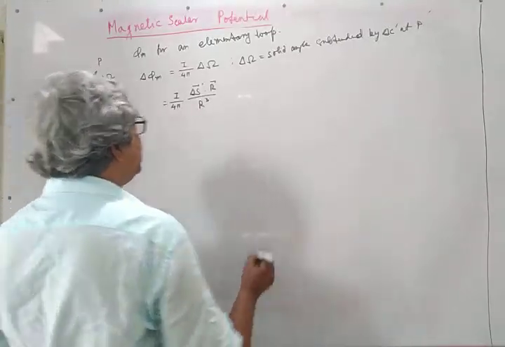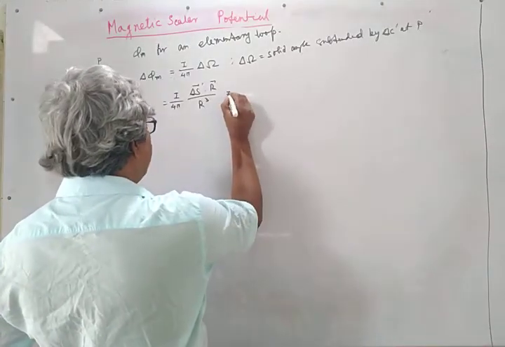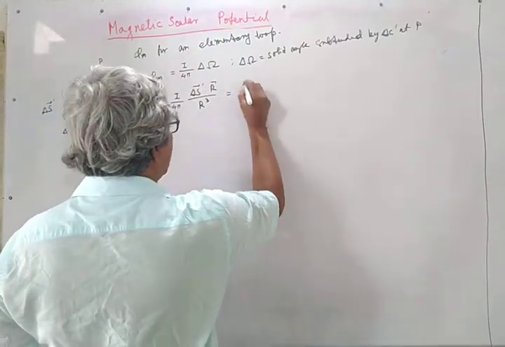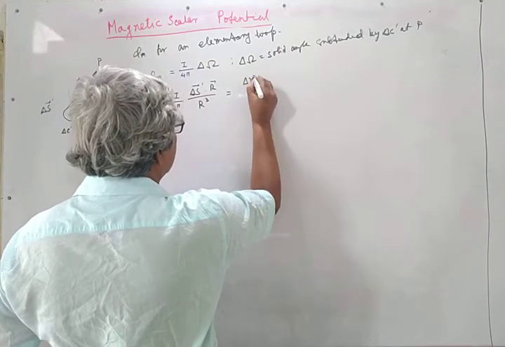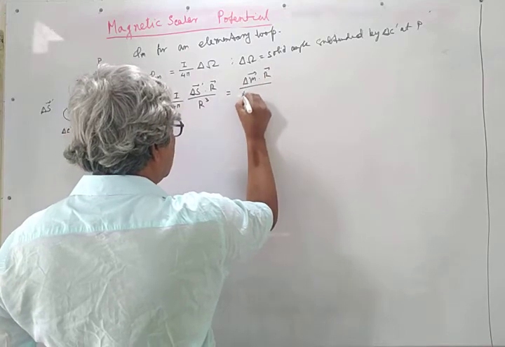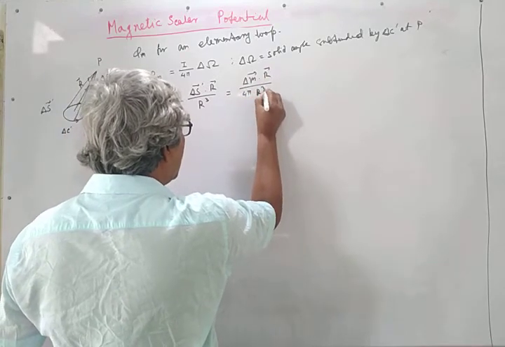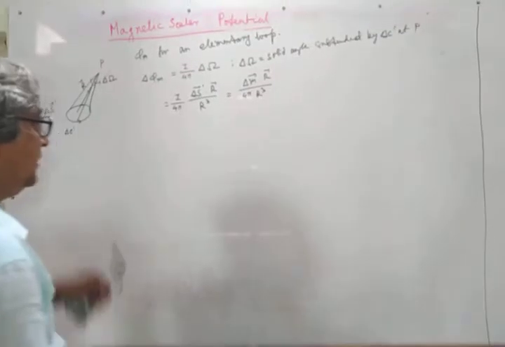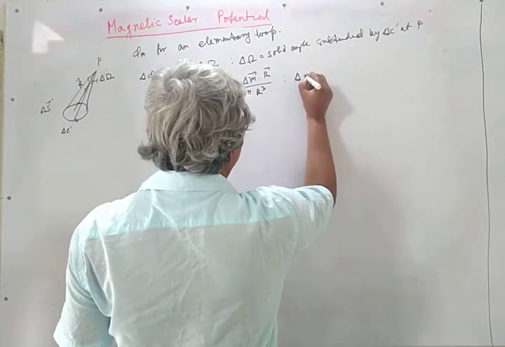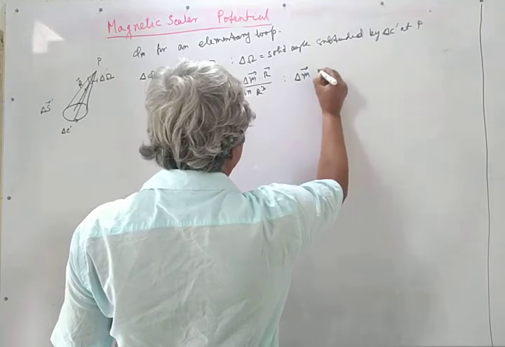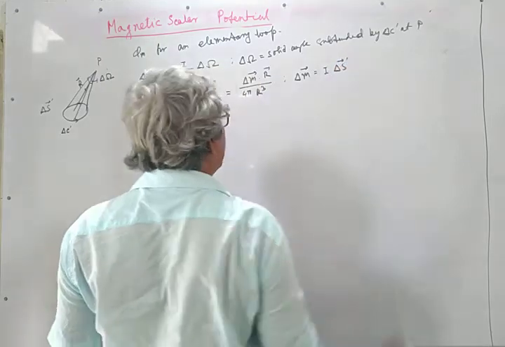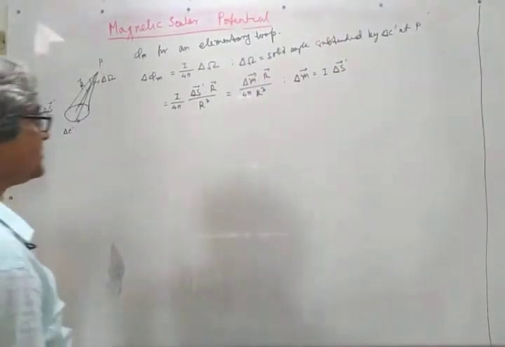And as we did in the case of magnetic vector potential, we couple these two to introduce delta M. So this is delta M dot R upon 4 pi R cube. Here delta M is the dipole moment which we introduced earlier, and we are considering an elementary loop so that we can assign a vector sense to it.